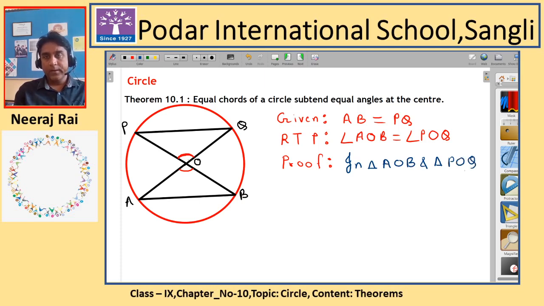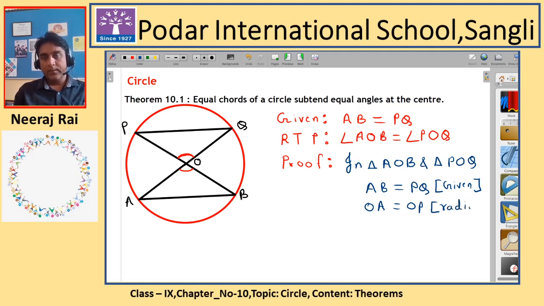What are the things we have? That we will write. The first thing given is that AB is equal to PQ. That is given to us. Next, we have OA is equal to OP, radius.